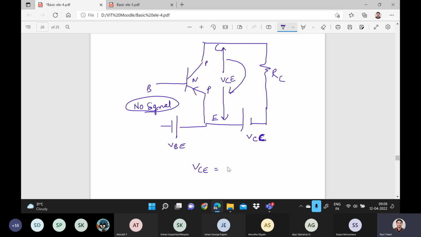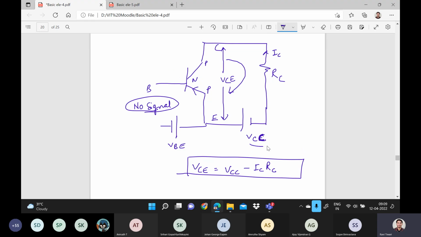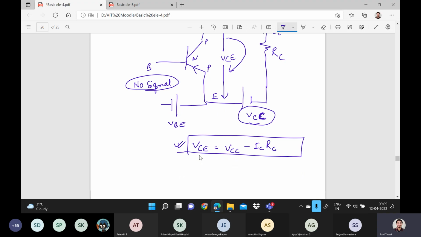So VCE will be equal to VCC, and for example the current is IC, so the drop will be minus ICRC. So the voltage across the emitter and collector will be the supply that you are providing. For example, you are providing VCC here, so VCC minus the current and the resistance will give us the value of VCE. So this is the equation.